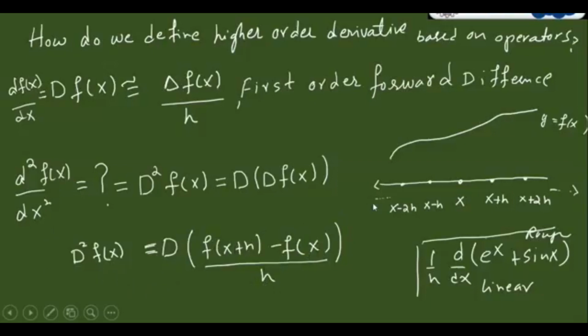I will continue in the next slide from this part. In the next slide, I'm just shifting this d with this one and then this one, and taking 1 over h as common. So what will we get here? d2 f of x, that is the second order derivative, is equal to 1 over h taken out common.